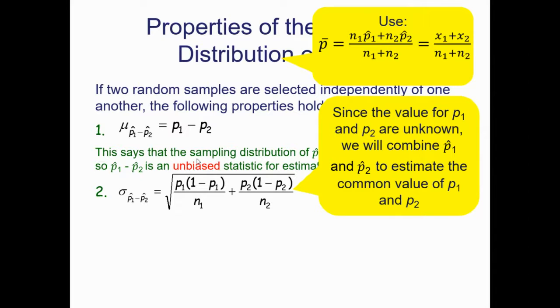So what we're really going to use is this formula up here for P. Any place you see a P in our formula down here, it can be summarized using this one single P, P bar. That's the P we're going to use instead of P1 and P2.